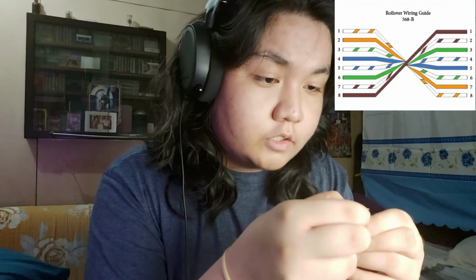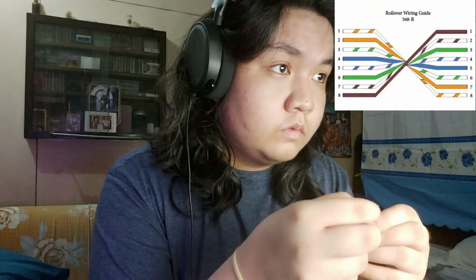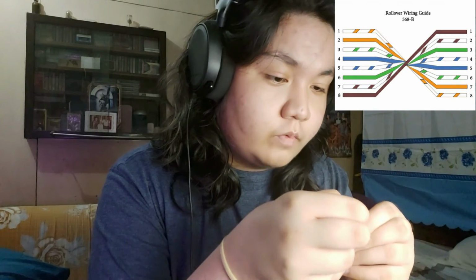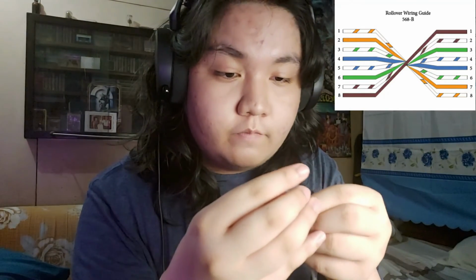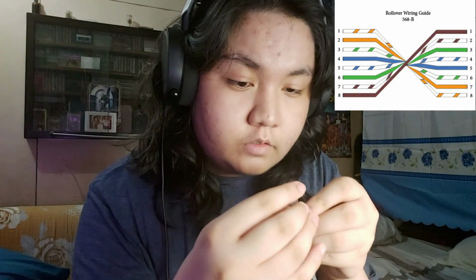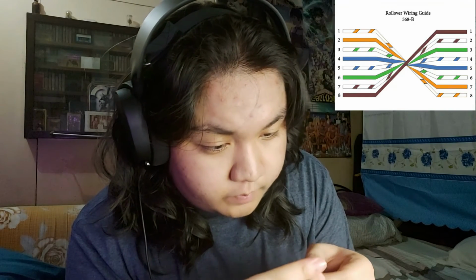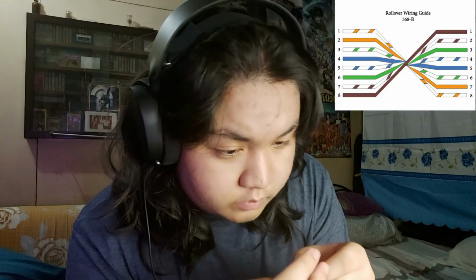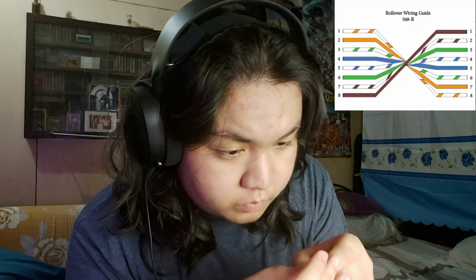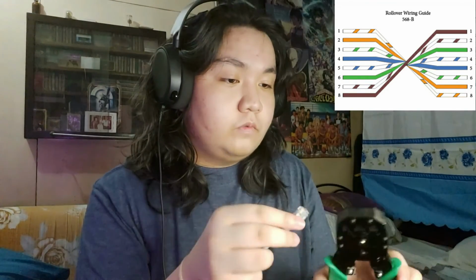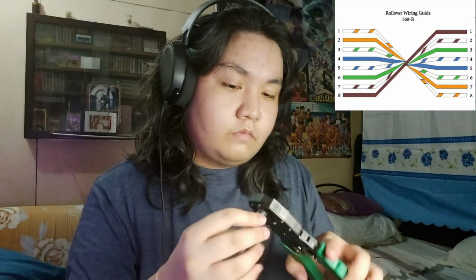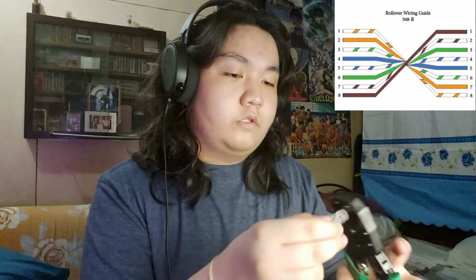White orange, orange, white green, blue, white blue, green, white brown, brown. Now take your RJ45, simply plug it inside. Make sure the pattern is correct. Seems correct. Then use your crimping tool. And there you go.